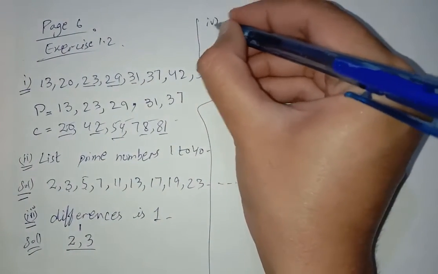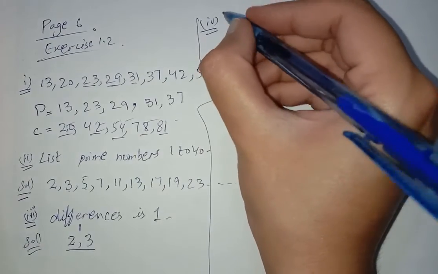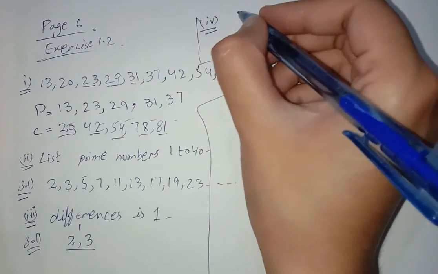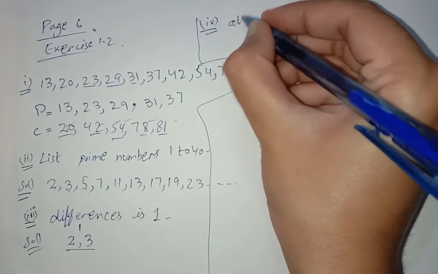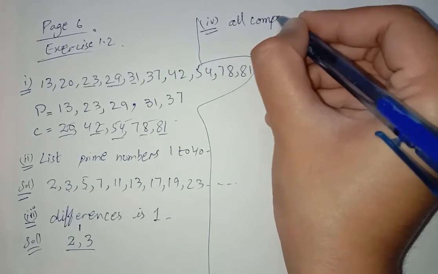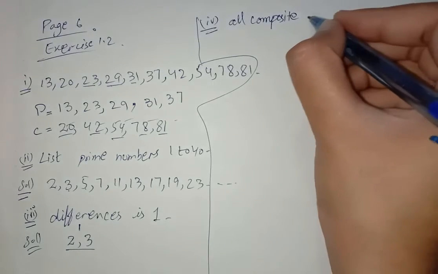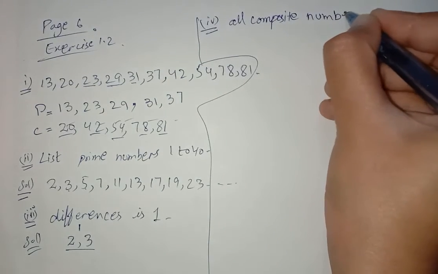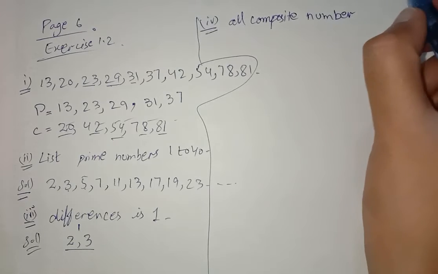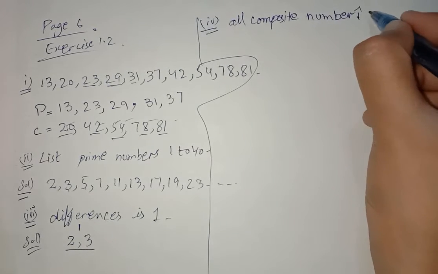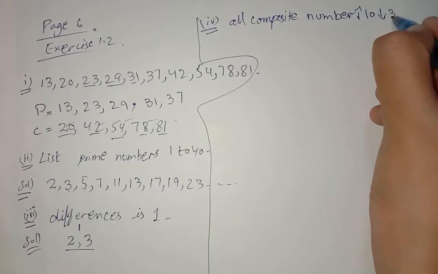Part number 4. Write all composite numbers which are greater than 10 but less than 30.